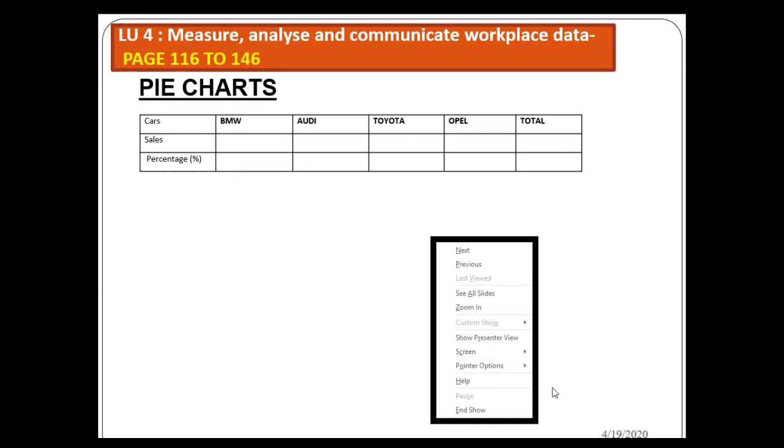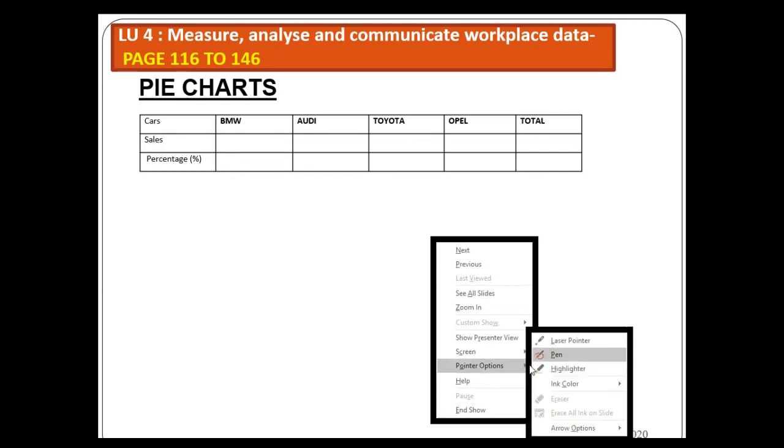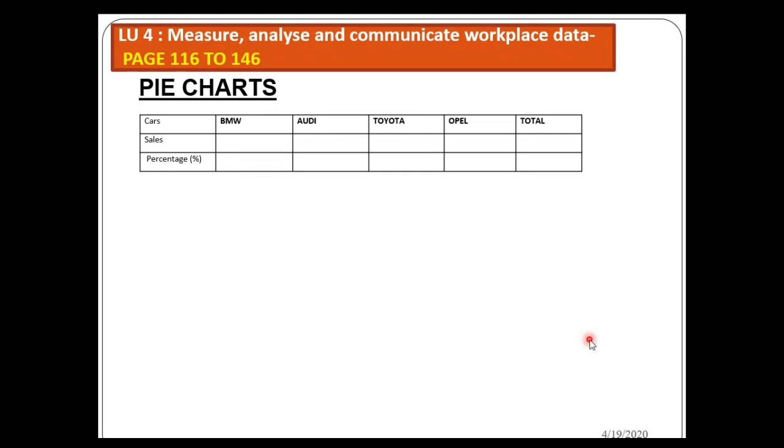As you can see here, guys, I've got the BMW, and then I've got Audi, Toyota, and Opel. According to this information, for BMW, I sold 50, for Audi, I sold 70, Toyota, I sold 45, Opel, I sold 25, and all in all, they are 190.